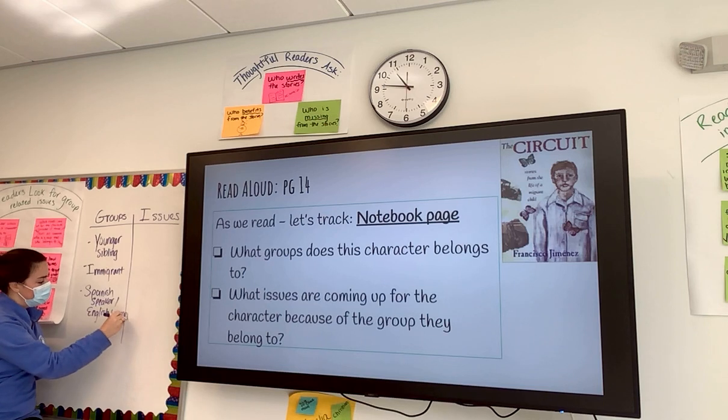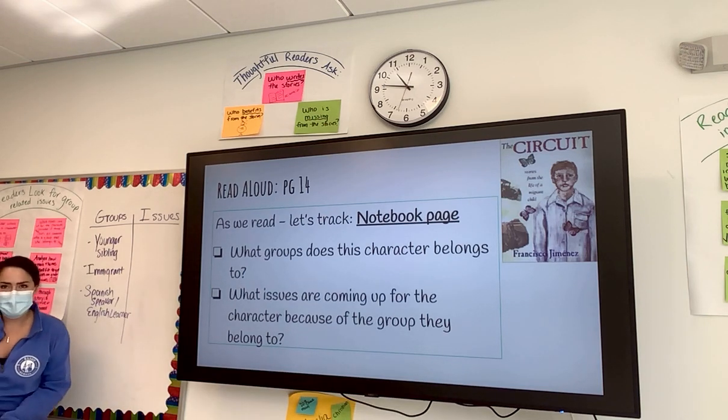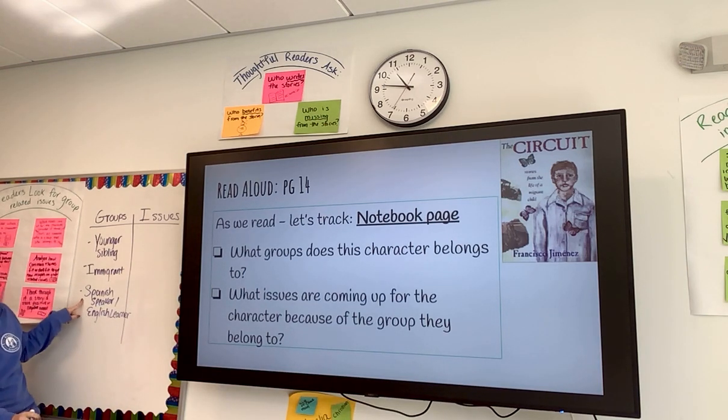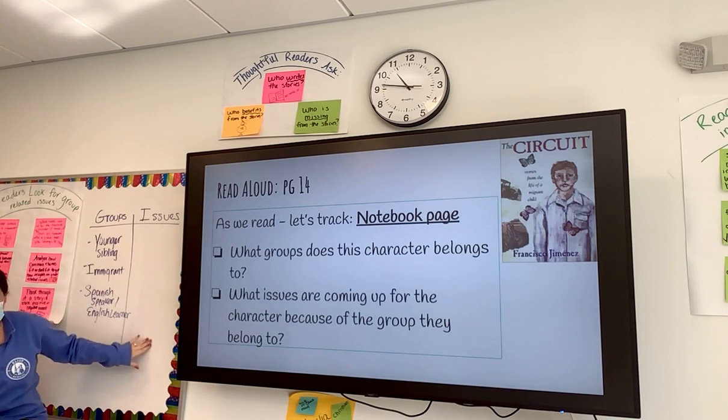Some people might call him an English language learner, but I'm going to start with Spanish speaker because I want to focus on what he can do really well, which is speak Spanish, and what he's learning to do. So we've got 3 groups already, and plenty of issues arose too.